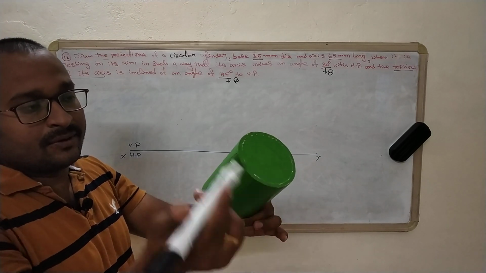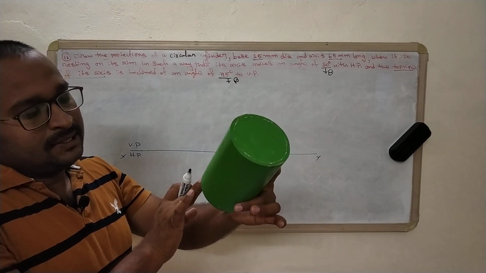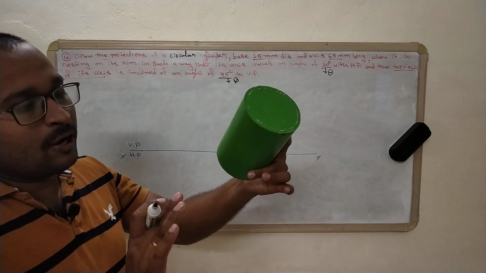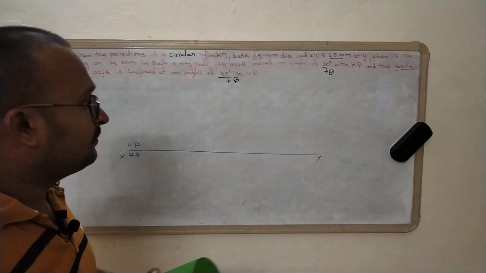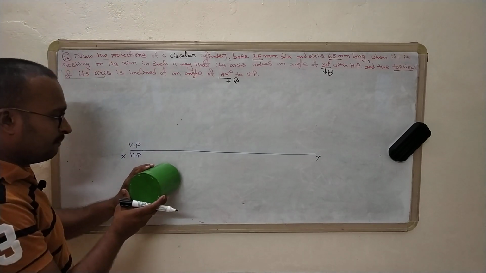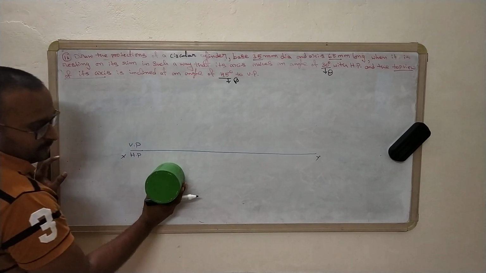So whenever we are going to see from the front view, this complete surface will be visible, and then the back side will be half circle visible and half circle invisible, right? So here this is the simple first step.